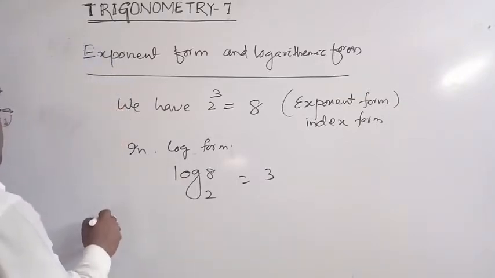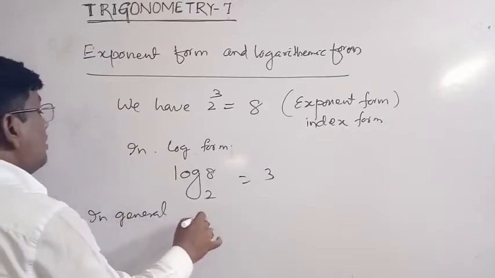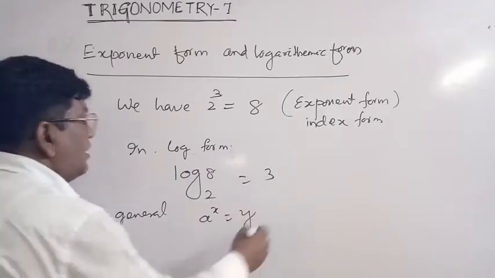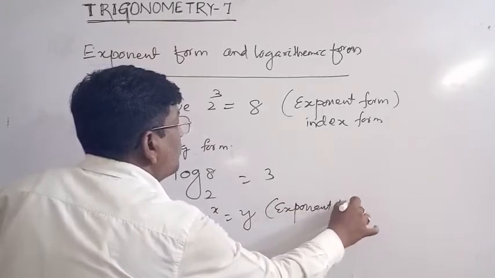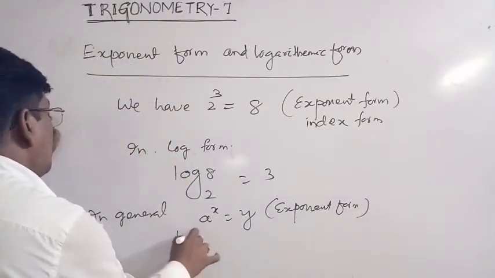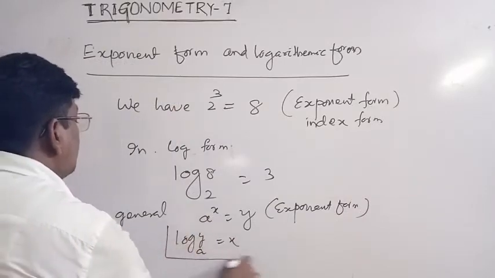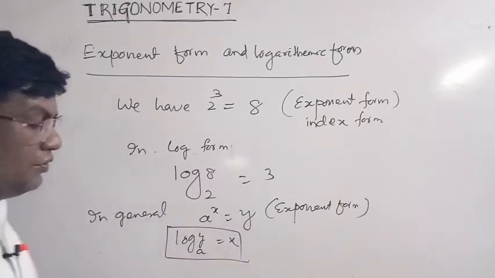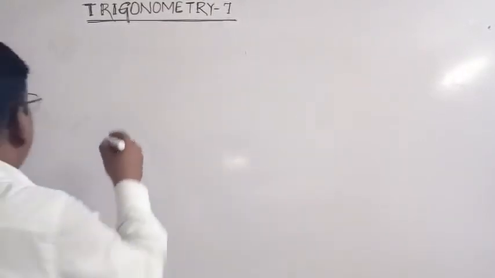Suppose in general a to the power x is equal to y. This is exponent form, and this is equal to log y to the base a is equal to x. This is logarithm form. Now some properties of logarithm, some properties of log.